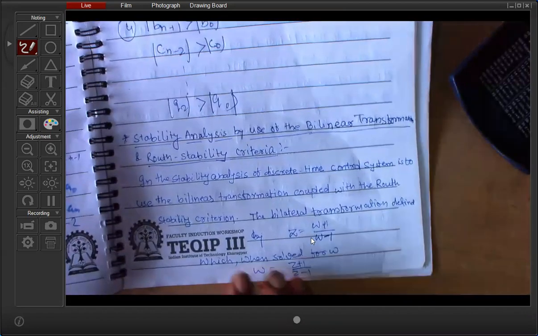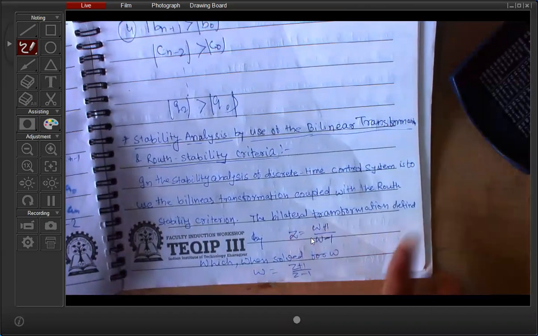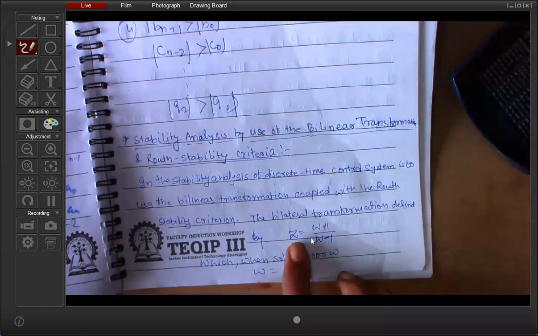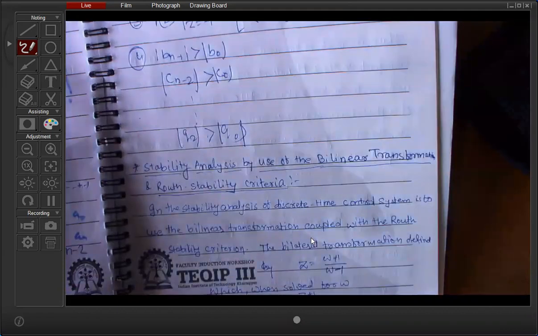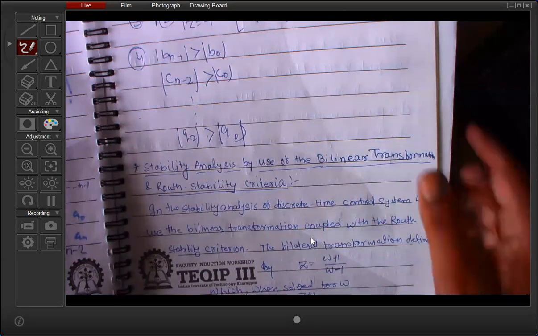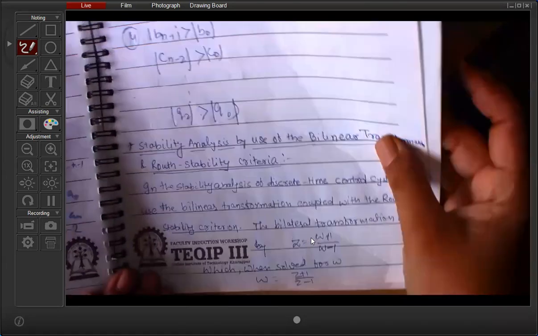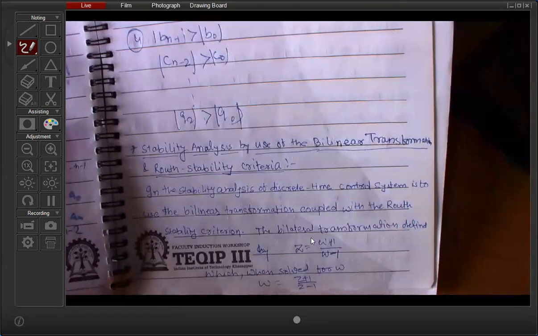In a bilinear transformation, we have to replace Z by (W plus 1) by (W minus 1). Suppose we have any polynomial P(z), that is the characteristic polynomial P(z).